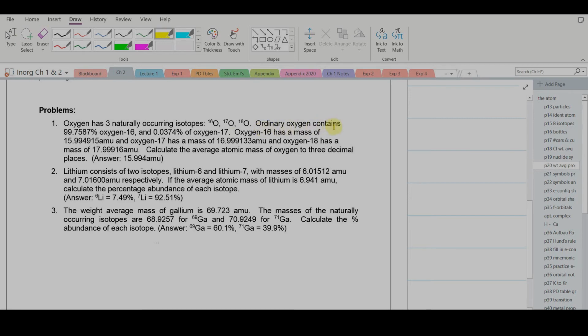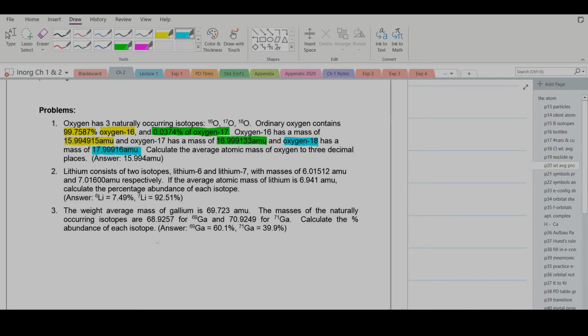Ordinary oxygen contains 99.7587% oxygen 16, 0.0374% of oxygen 17, and oxygen 16 has a mass of 15.994915 AMUs. Oxygen 17 has a mass of 16.999133 AMUs, and oxygen 18, which has a mass of 17.99916 AMUs. Calculate the average atomic mass of oxygen to 3 decimal places.